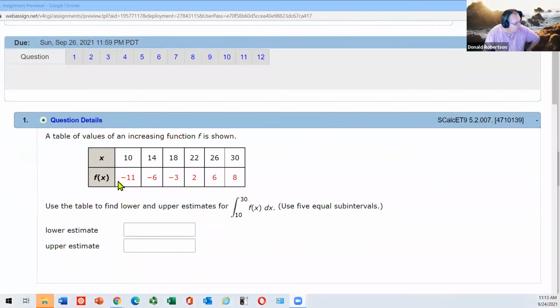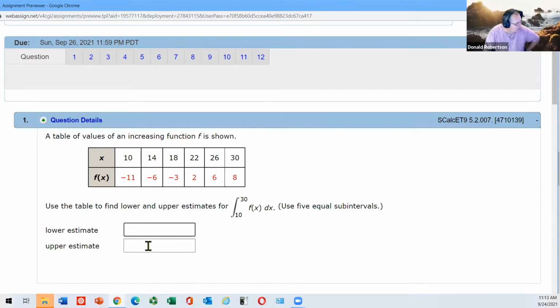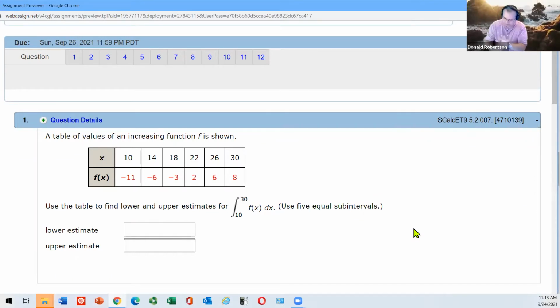In question 1, here is a table of values, and we're being asked to find the area between 10 and 30. So that's the guy we're going to get our numbers from. And we have to use 5 intervals, which is fine. And I've got a lower and an upper estimate. Now we have 5 numerical techniques: left 5, right 5, mid 5, trapezium 5, and Simpson's 5.